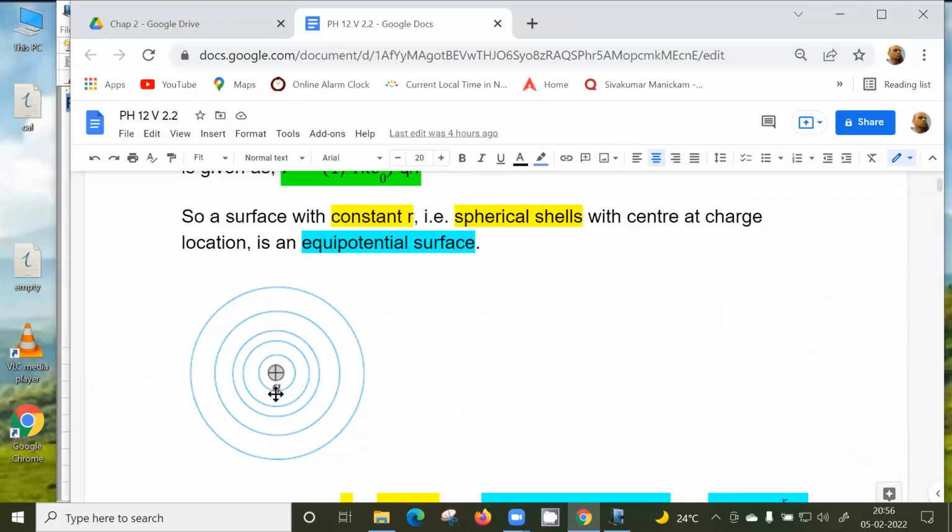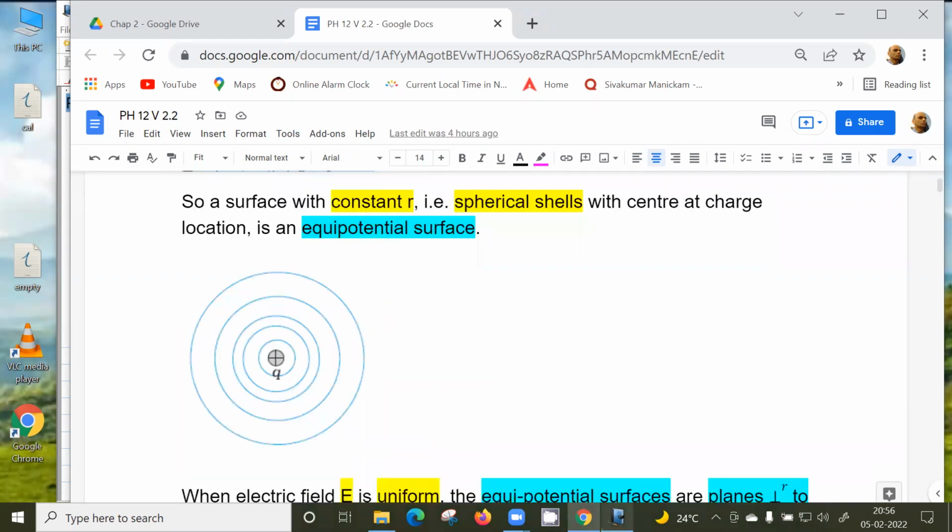Another thing: what is the distance between two consecutive surfaces? Is it uniform or changing? Changing. When you draw equipotential surfaces, I'll draw one at 2 volts, the second at 2.1, the third at 2.2, 2.3. I have to fix the interval as uniform. For the same uniform interval, the distance required to travel as you go out will be more, because the variation is 1 by r.